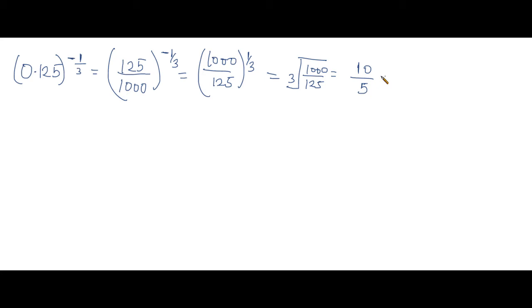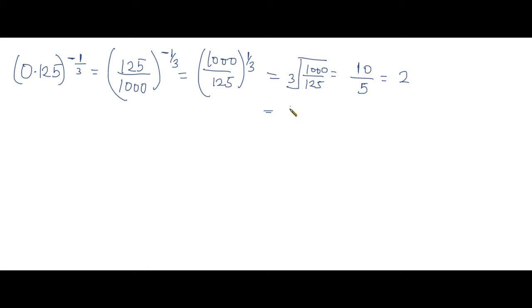Our final answer here will be 2. Because you can reduce this to the lowest term, or even from this point here now, you can divide, and when we divide through, we will see that 5 can go in both of them here.